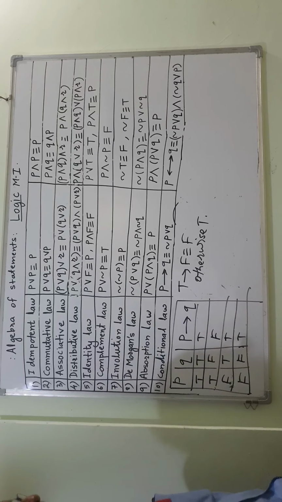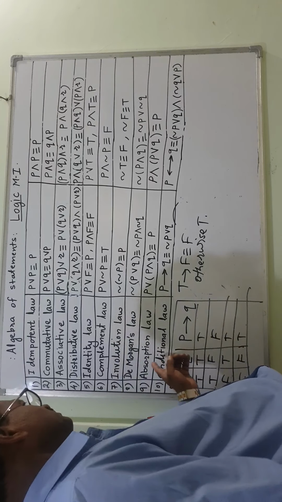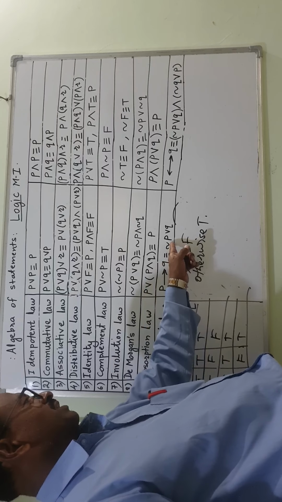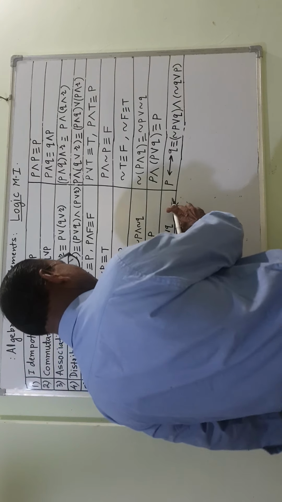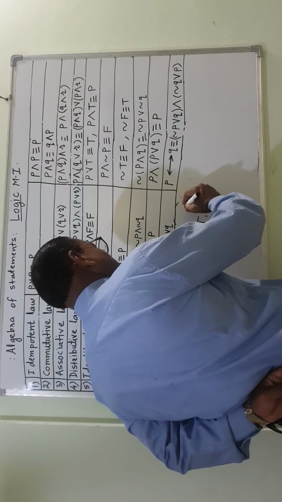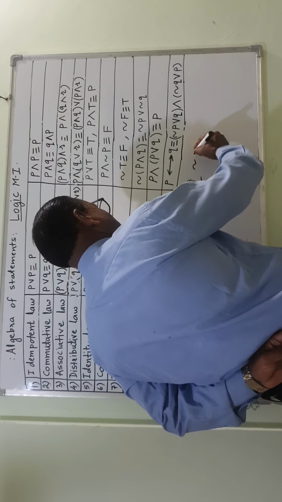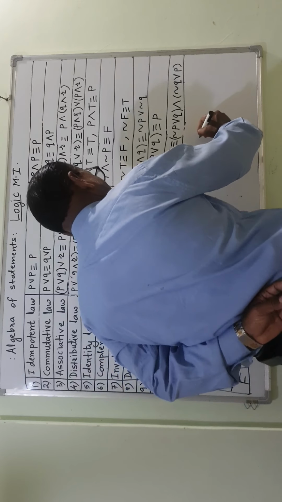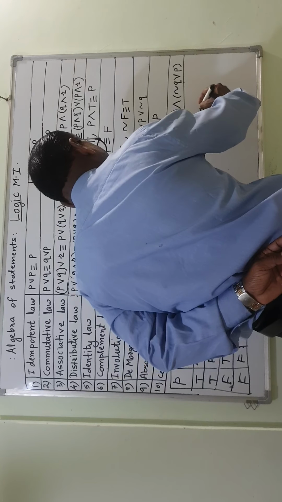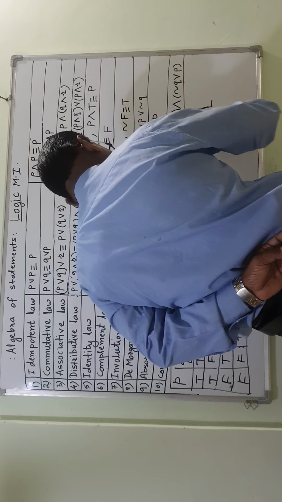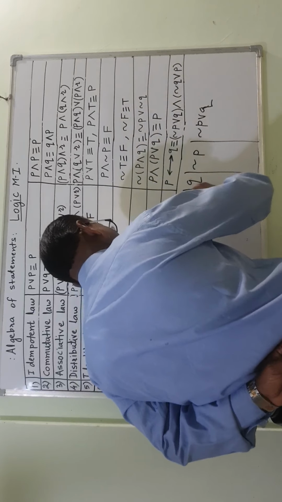So the same value for this should come. So I will try to find the value of this. Switches are P, Q. What is needed? Negation Q, P, and negation P or Q. These are the columns which I will require.